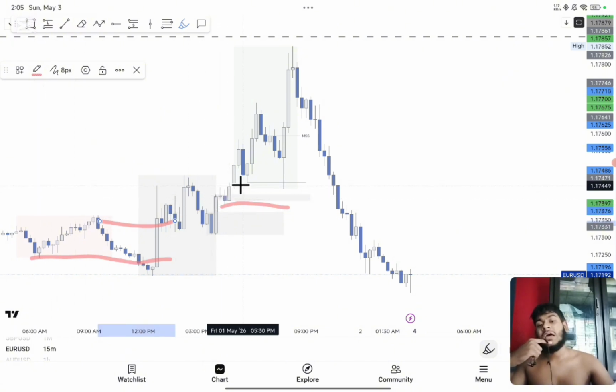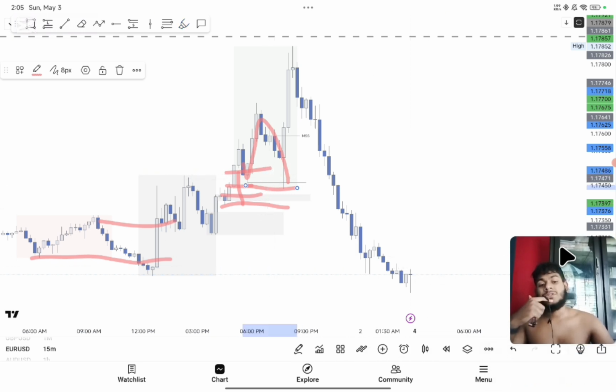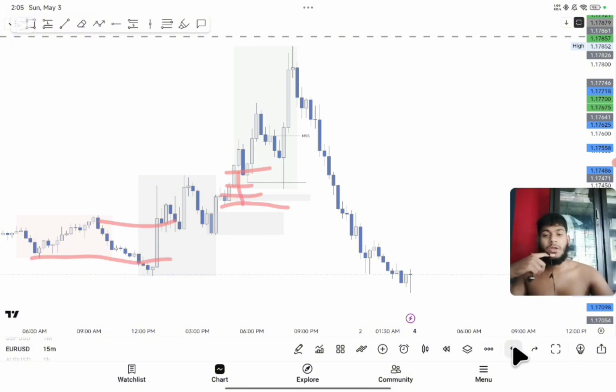But I was about to execute if I got price toward this order block, but it just moved from this fair value gap, then retested, took liquidity, and I was so blinded by the perfection that I ended up missing the next wave as well.